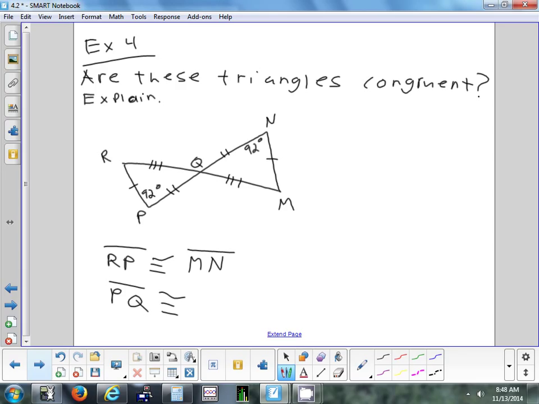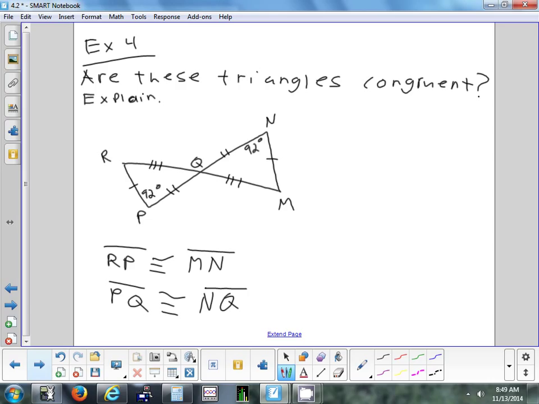Does PQ correspond with anything? Marquise? Technically, that's good. I just want to make sure we name it consistently with the order. So we went from the 92 to the middle, so NQ.